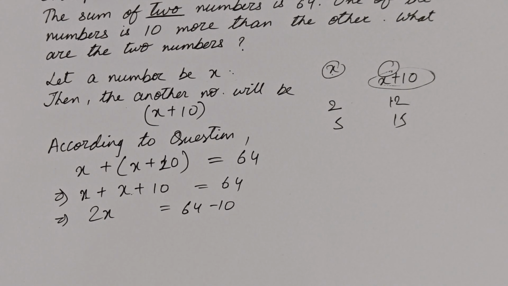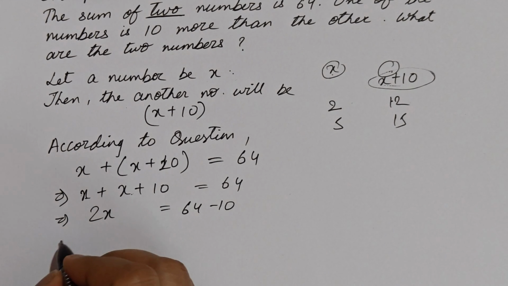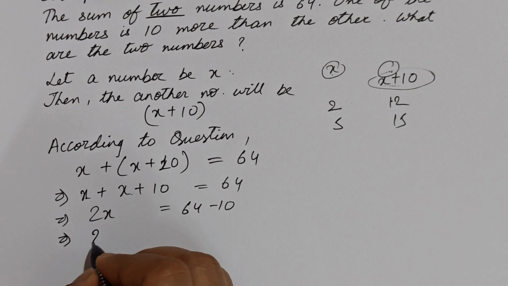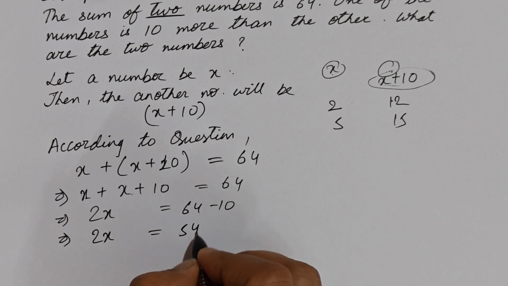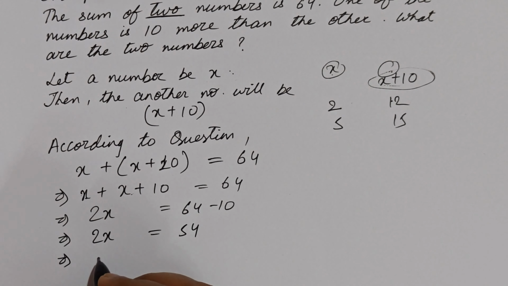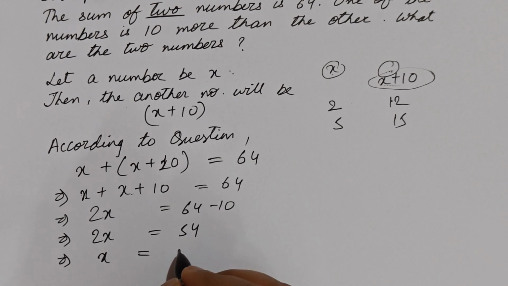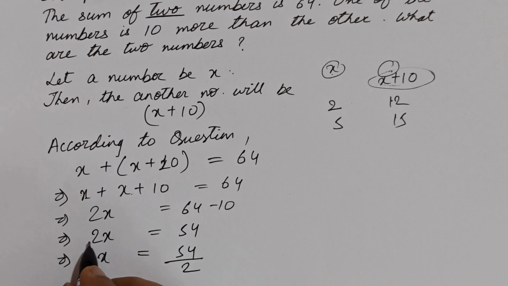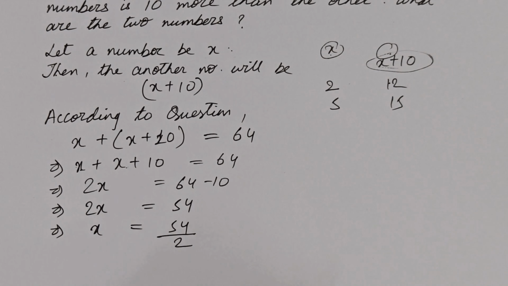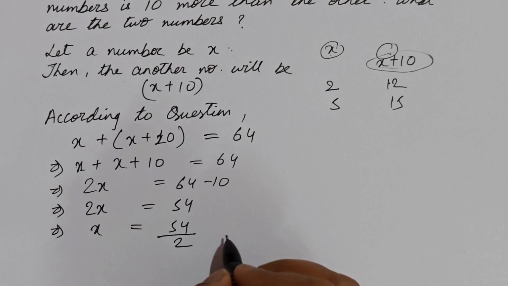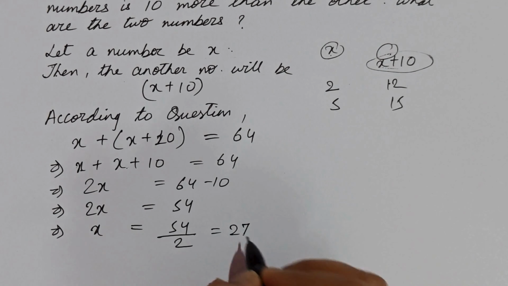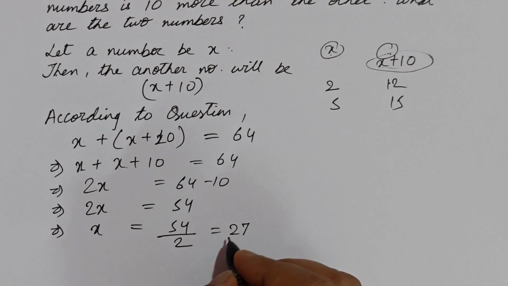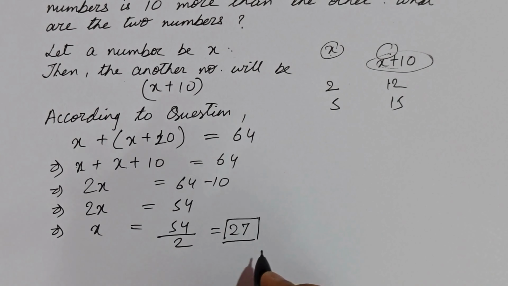Then 64 minus 10 will be 2x is equal to 54. So now x is equal to 54 upon 2. When 2 comes from left to right, it will be in division. So now x is equal to 54 upon 2 is equal to 27. So we have got the value of x here.